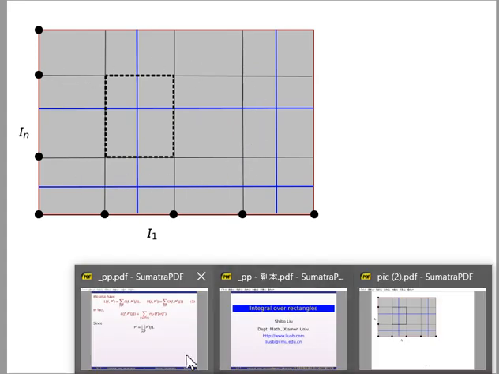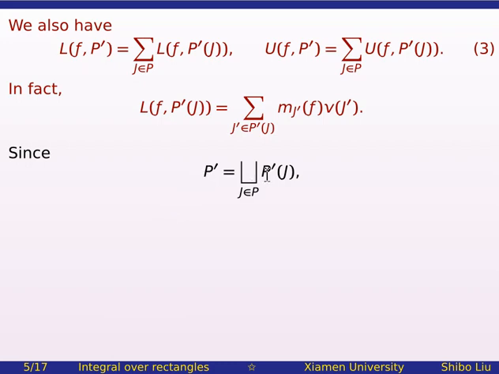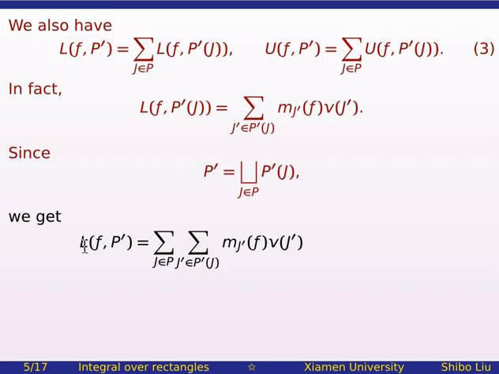So this is the result: P prime is the union of the P prime J for every J taken from the original partition P. Since this is true, our lower sum of f with respect to P prime is every such term m_J' v_J' summed over every J' in the partition P prime. But P prime is the union of these, so the terms can be grouped. For every J in P, you group the J' in P prime J, sum up, and then sum with respect to J. So we have this result.